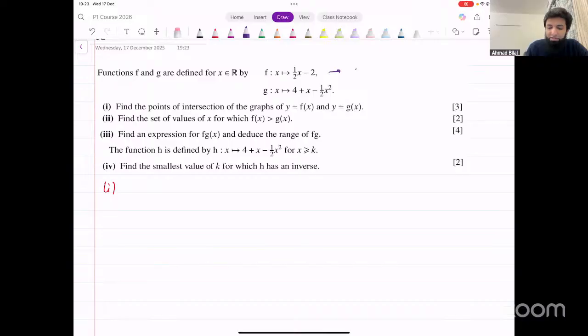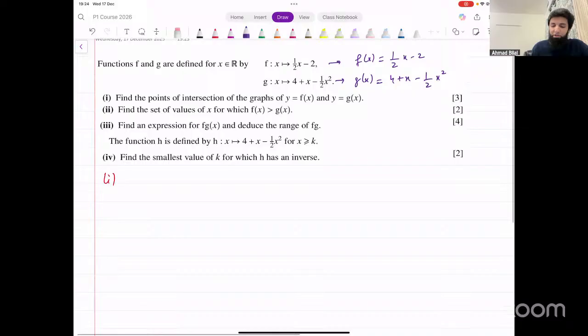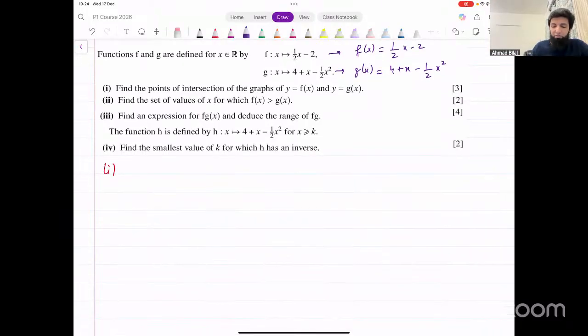This is actually the same thing as f of x equal to half x minus 2. This is g of x equal to 4 plus x minus half x squared. And that's what this is. It's just another way to write functions, but this is not something that they use in papers anymore. But you should still be familiar with this if you are attempting any older papers.